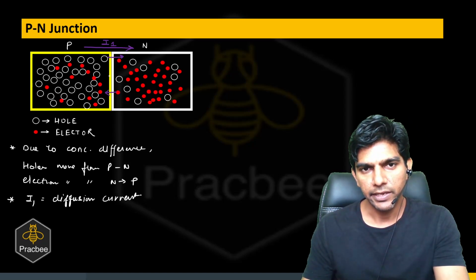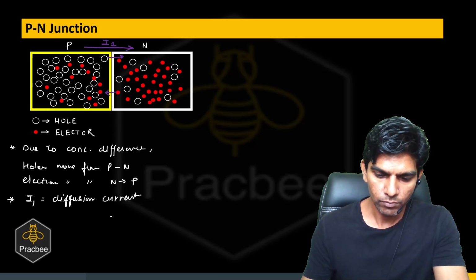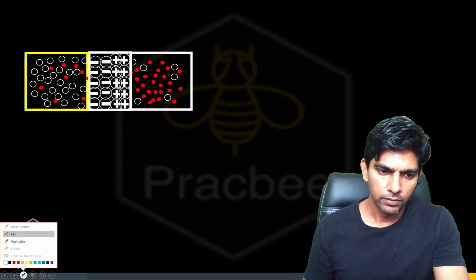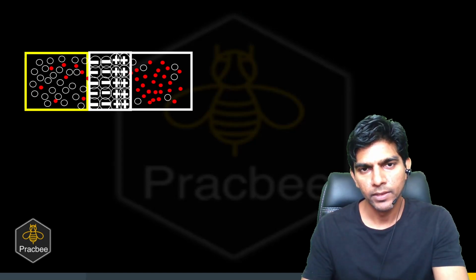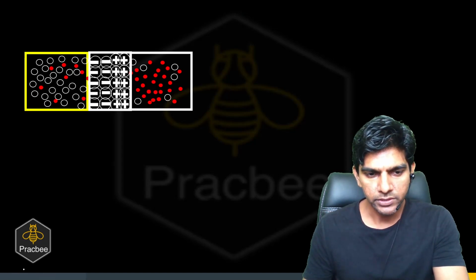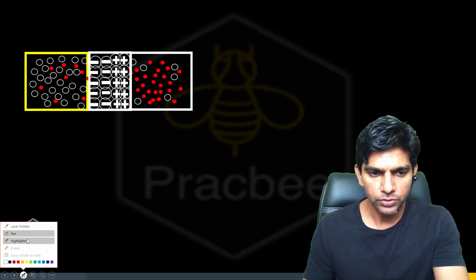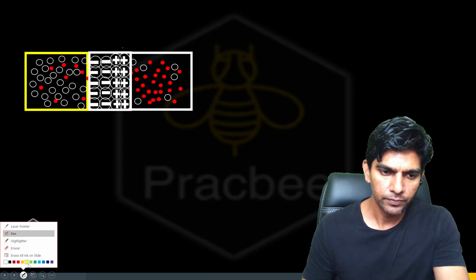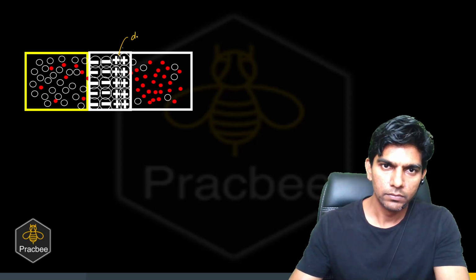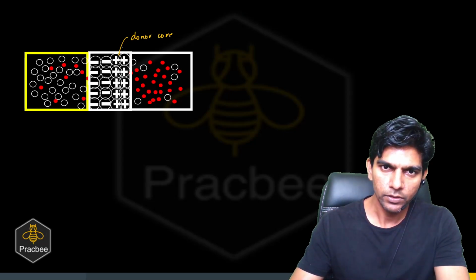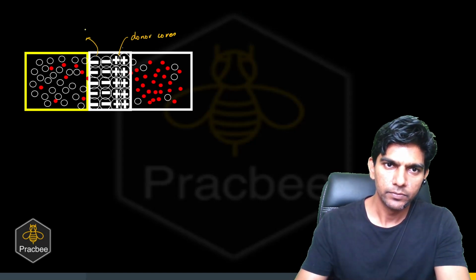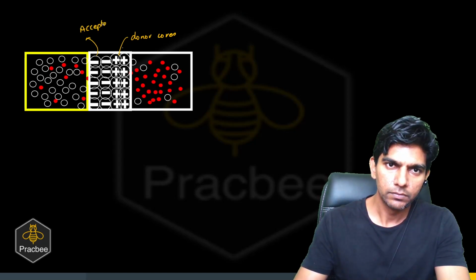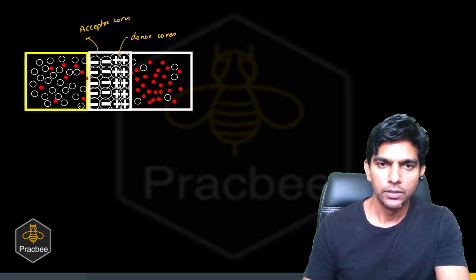So what happens as the migration starts? We can say there will be positively charged cores, or you can say the donor cores will be left on the N side. So these are donor cores, and these are acceptor cores. Can you see?